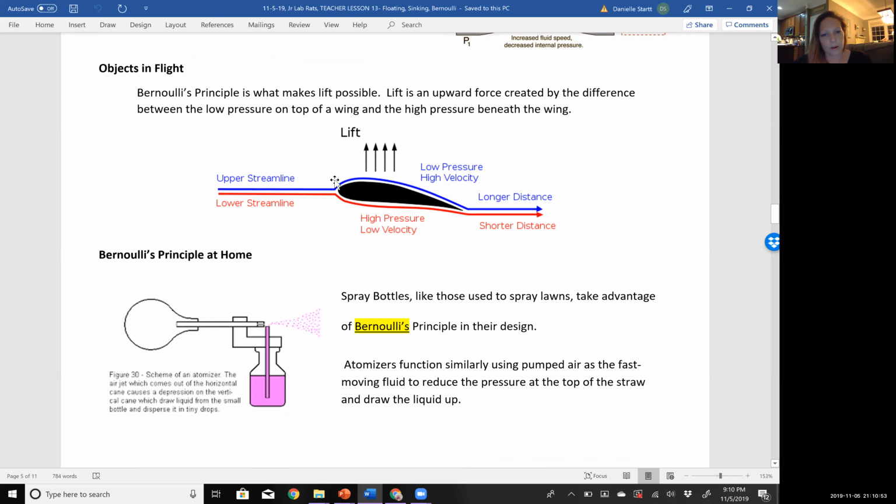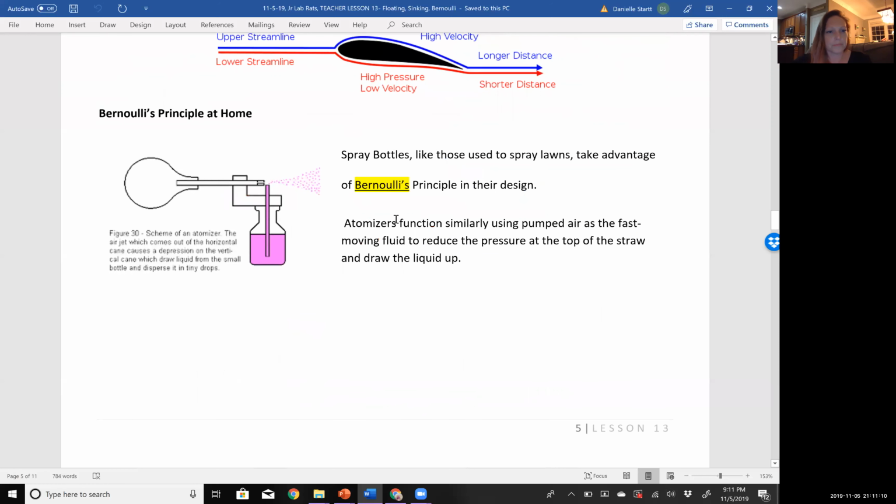Up here, your air is going to pass with higher velocity because it's trying to get over this same distance. It's a longer distance on top, shorter distance on the bottom, same amount of time. So it's got higher velocity but lower pressure, and this higher pressure underneath causes lift and the wing goes up.